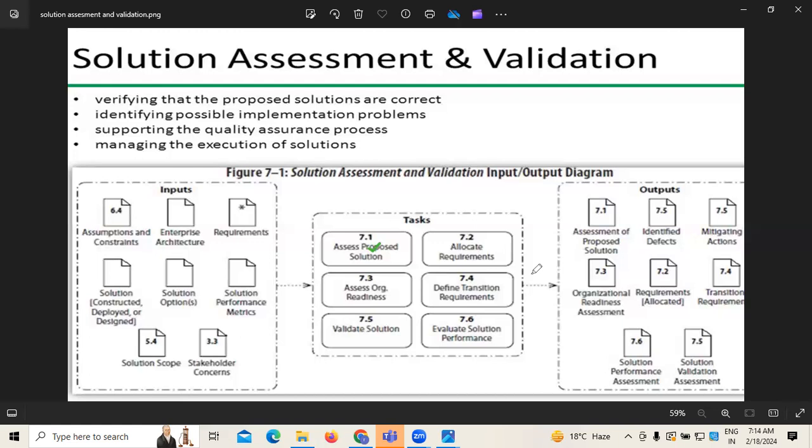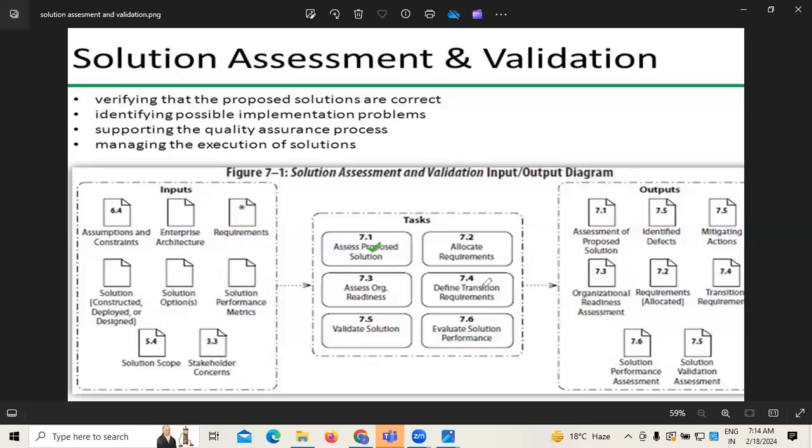What was that? Developing a cloud-based point of sale system. So transitioning from an existing state to a target state is what we call transitional requirements. So defining the transitional requirements is also one of the tasks which we have to be familiar with.